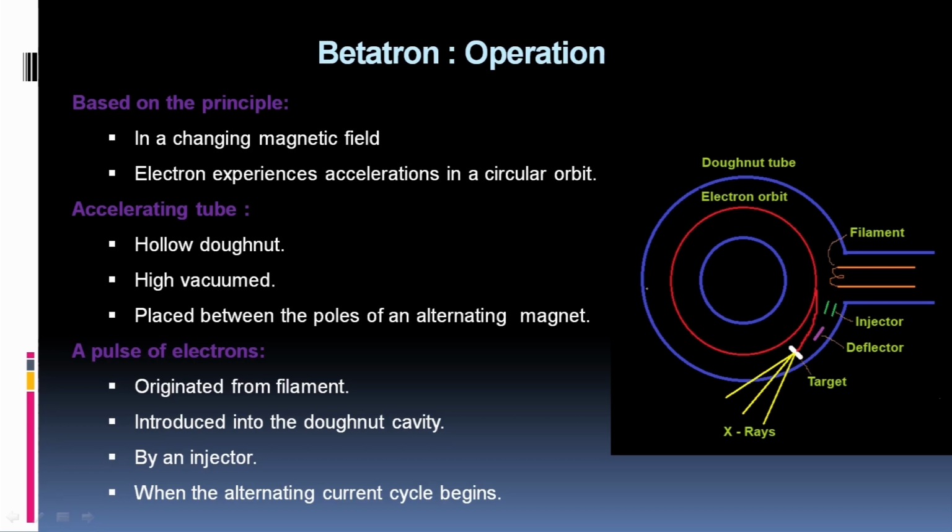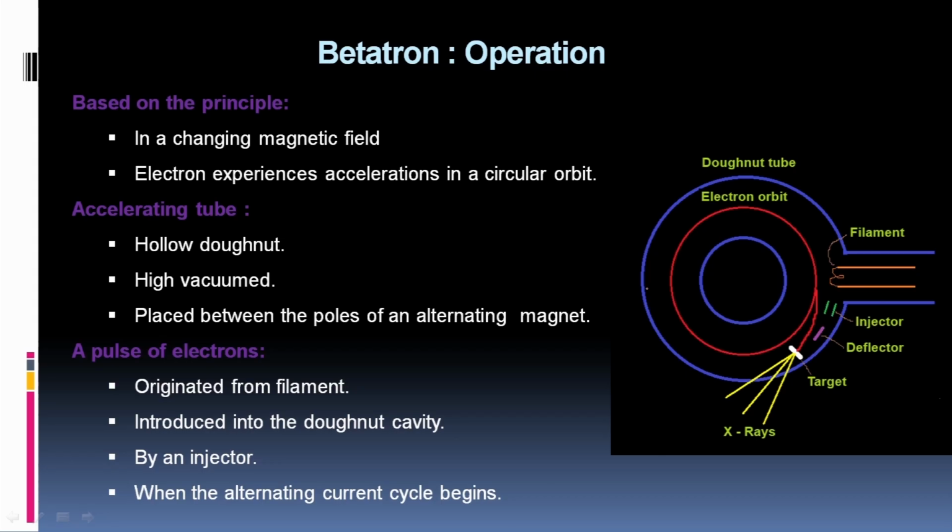Now if we consider the principle or physics behind the operation of the betatron, it operates on the principle that electrons in a changing magnetic field experience acceleration in a circular orbit. This is the basic physics behind the operation.